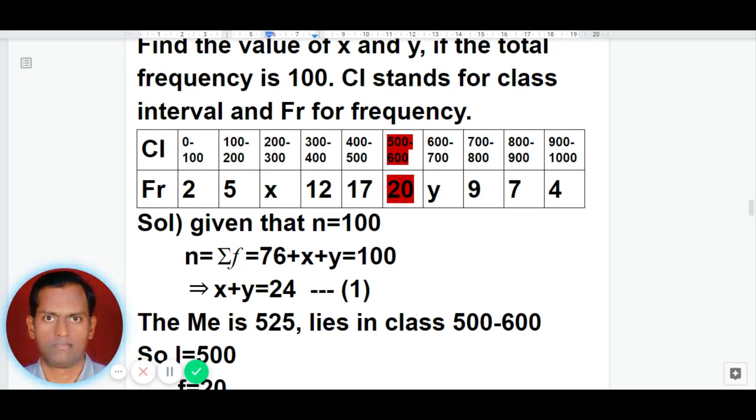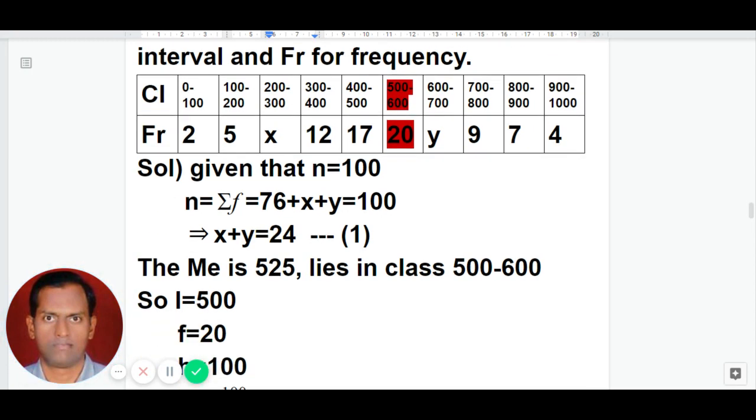That means 2 plus 5 plus 12 plus 17 plus 20 plus 9 plus 7 plus 4 is 76, plus this x and plus this y is 100. So x plus y is equal to 100 minus 76, that is 24. So this is equation number 1.